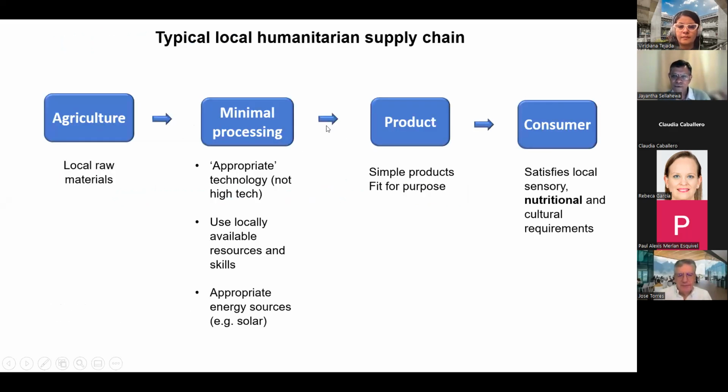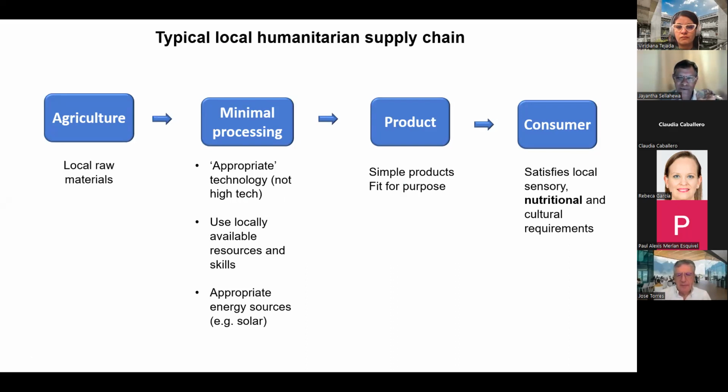Now, if you look at the humanitarian supply chain, we still start with some agricultural raw materials, and we have a consumer at the end. But the difference is we now focus more on local raw materials, and the focus of processing is not so much to make a profit by value addition and marketing, which is what tends to happen in the societies we are familiar with.